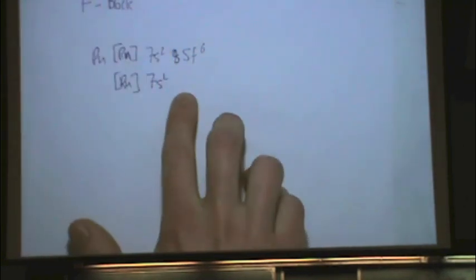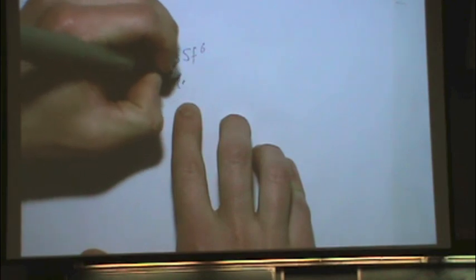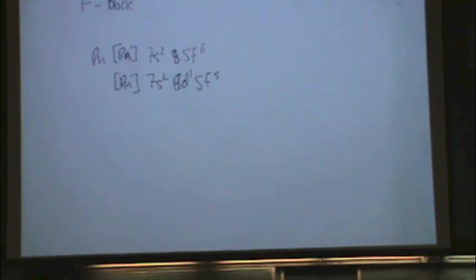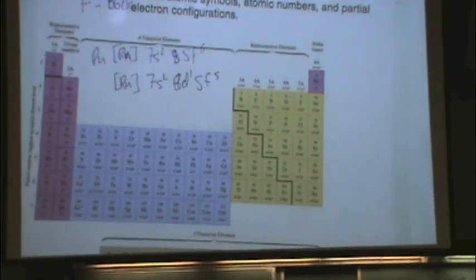And then after that, we would start to fill up the D subblock. But another way we could write this, this is the one that you'll have on your exams, is 7s2, 6d1, 5f5. So that would be for this one right here.